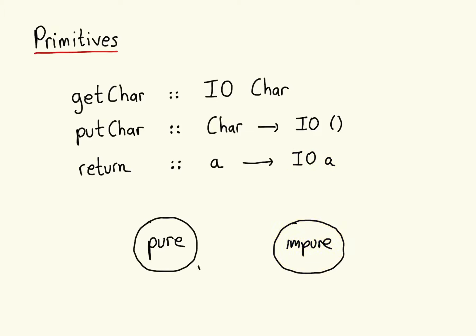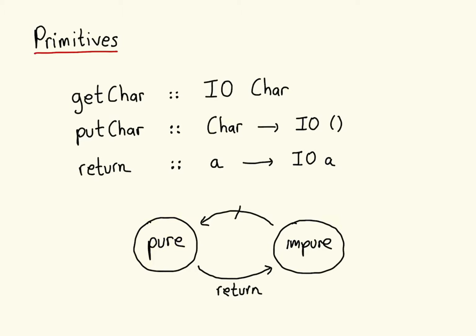It's allowing you to go from the pure world over to the impure world. And crucially, as we learned last time around, there is no bridge back. Well, actually, there is a bridge back, but that's really for internal use within the compiler. If you're a regular Haskell programmer, you're allowed to go from the pure world into the impure world via the return function, but you're not allowed to go back.